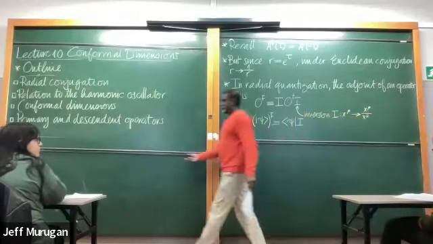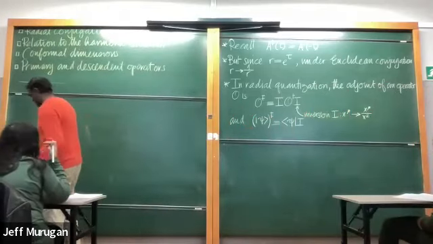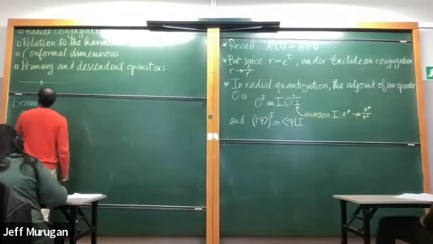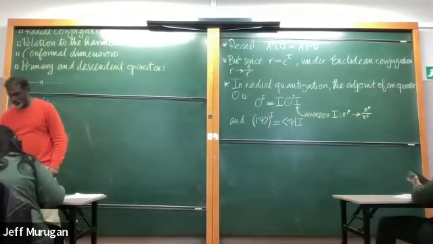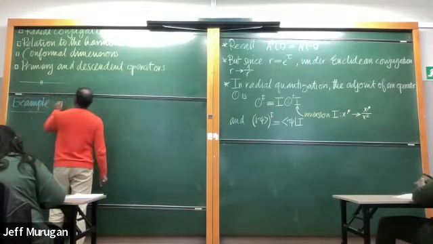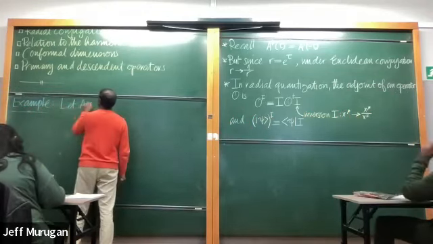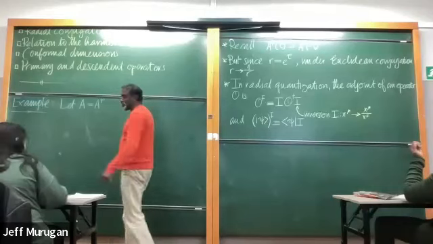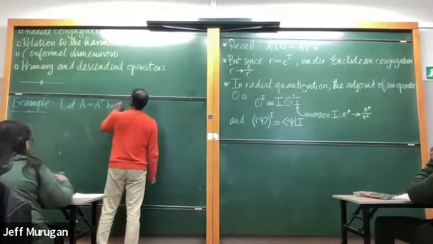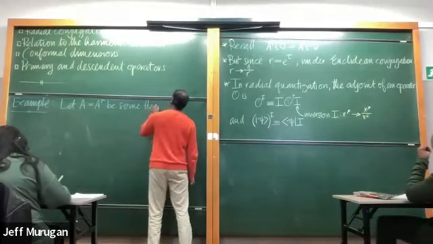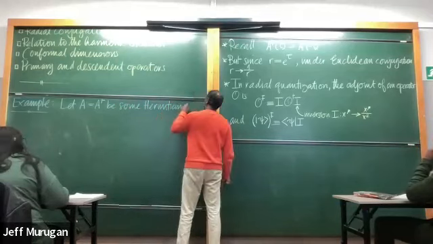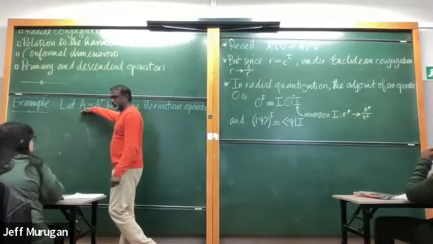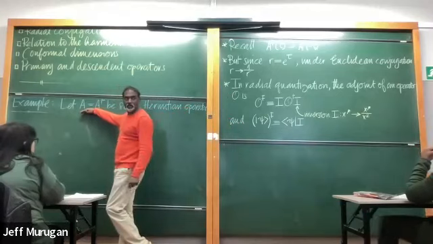So as an example, let's do a sanity check. Let A be some Hermitian operator in the Schrödinger picture, that is to say, the time evolution is associated to states in this picture.